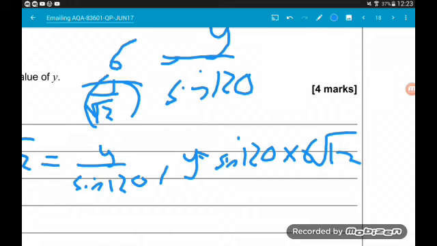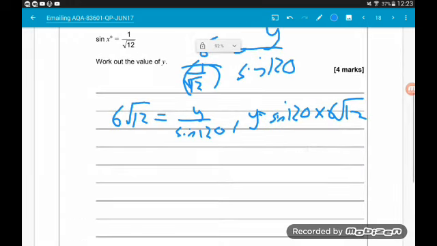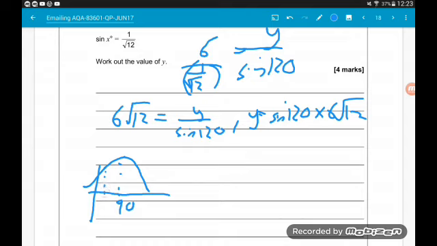The sine of 120 is, let's just sketch the graph of sine. So it looks like this, up to 180 degrees. We've got the maximum point at 90 degrees. So we've got 60 degrees here and 120 degrees here.